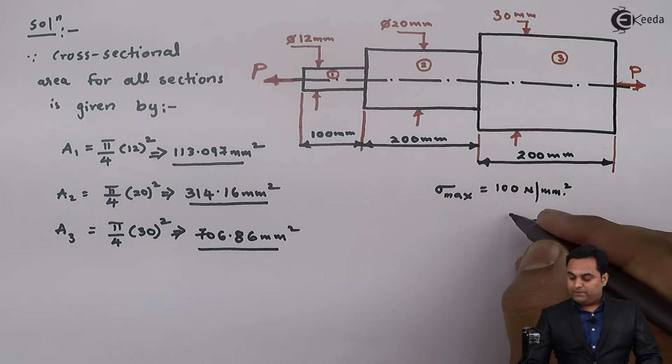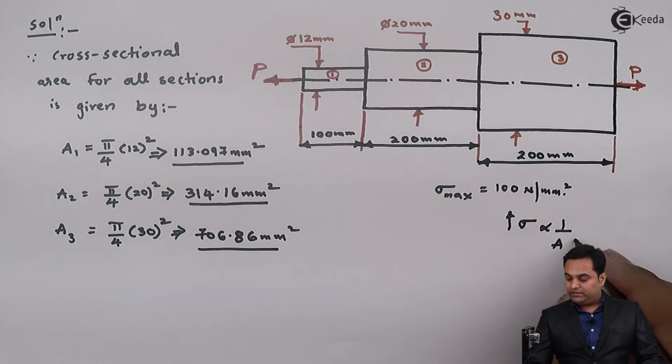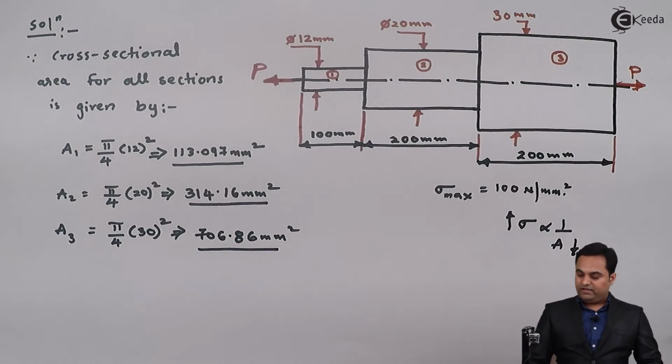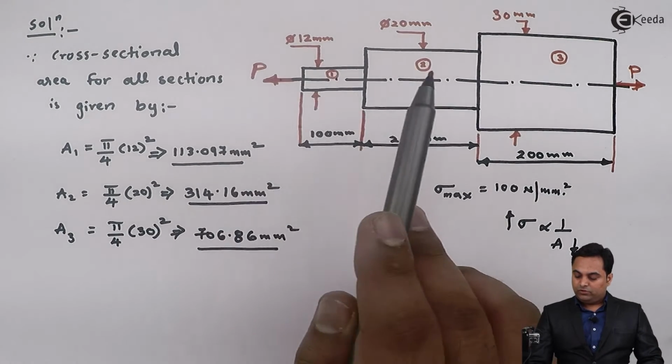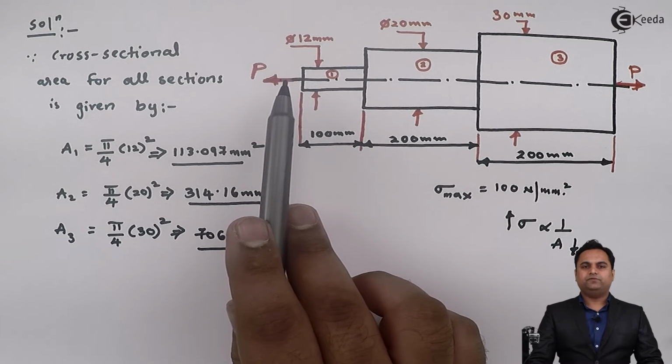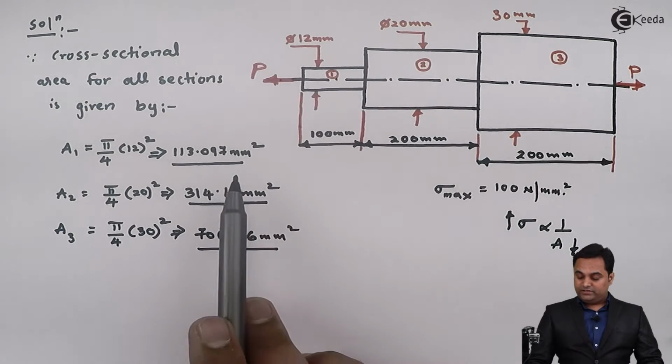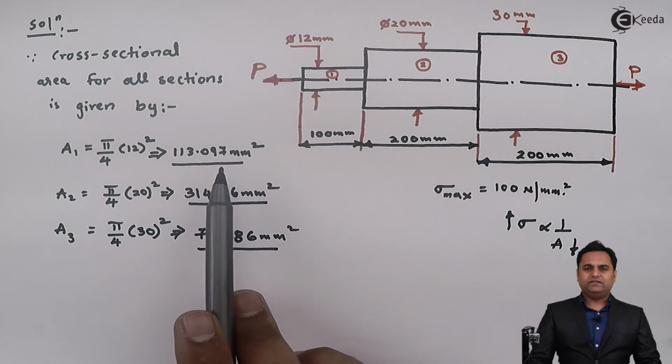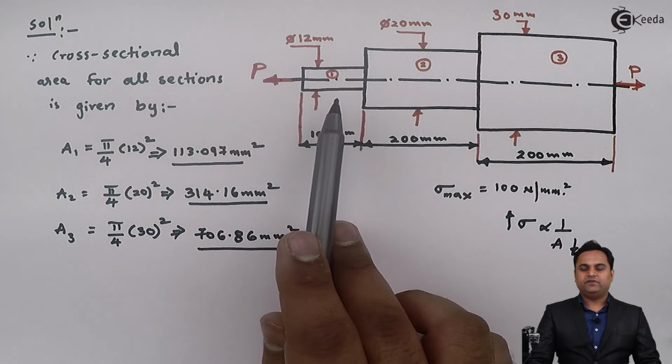So stress will be maximum where area is minimum, and as we can see, out of the three sections, the first section has a diameter of 12, so here the area is minimum. So I can say that the maximum stress would be acting at section 1.